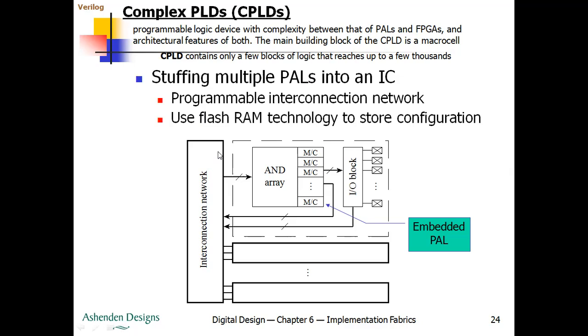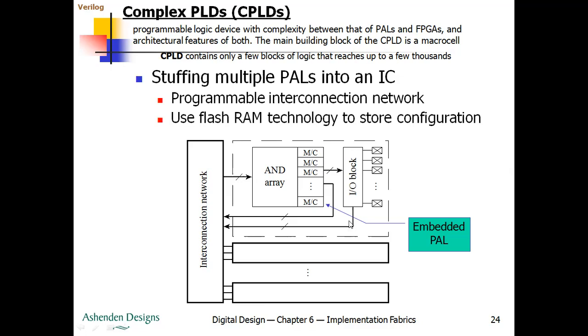One is the registered output, second is the non-registered output, and third is the combinational output. And we can have the output pins offer various voltage levels as well, namely TTL voltage levels as well as CMOS logic.